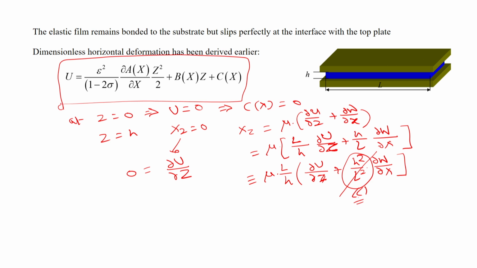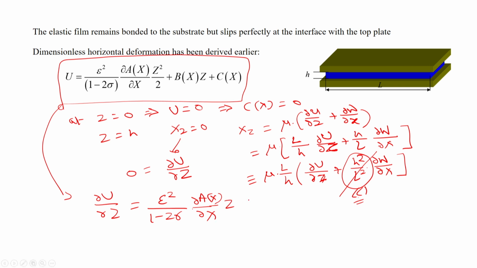So, from this expression, let us obtain del u by del z. Del u by del capital Z is equal to epsilon square by 1 minus 2 sigma, times dA of x by dx, times 2z, plus B of x, because C of x is already 0, we have already stated that.